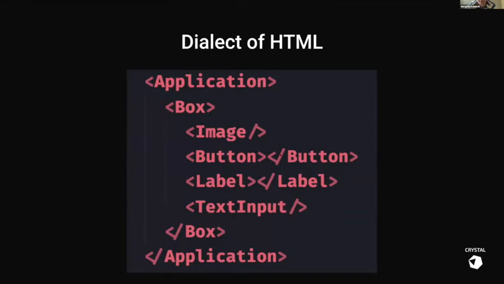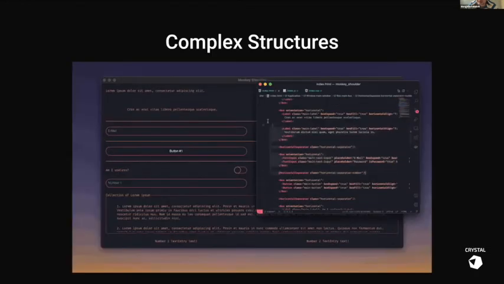I made my own, like I added an import tag. There we go. You have self-closed tags. You have tags which are closed like this. And you actually have tags which can contain subtags like this. And this box can contain boxes, and you can nest them. So this way you can create complex structures, just like this demo here.